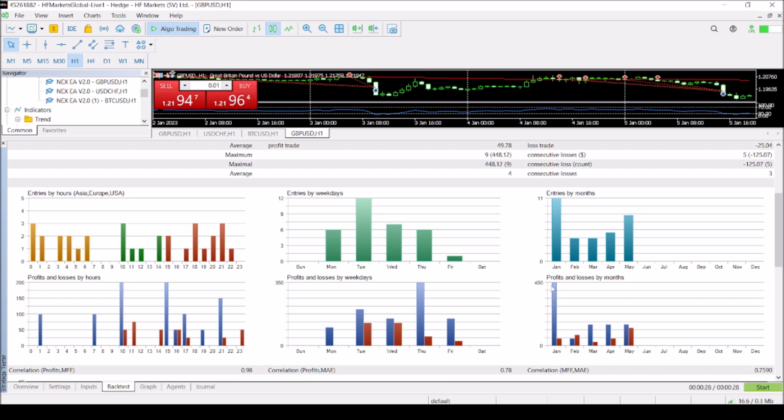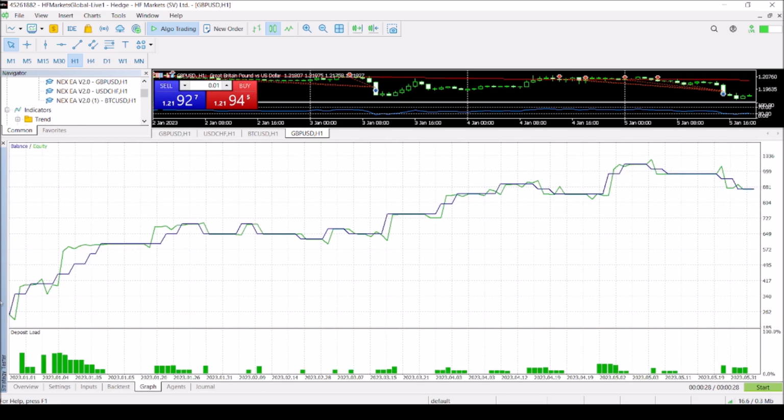January, we had a very high profit of around $450, and then in February, it was actually a small loss. We can see the loss in red and the profit in blue. Then March, April, and May were profitable months, and then our equity curve went up like this for this particular pair. So basically, that is how this EA was going to behave.